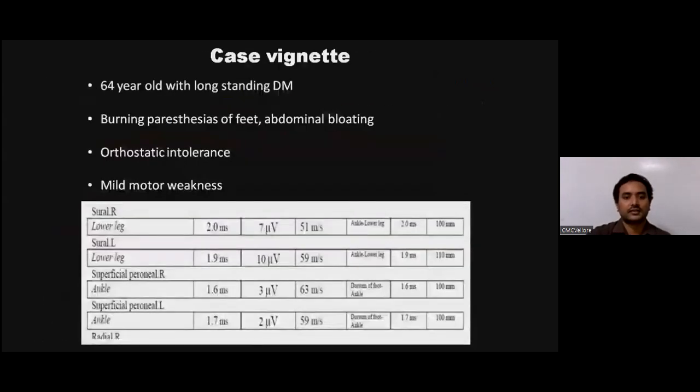Then this is another one, a 64-year-old with long-standing diabetes mellitus. These conductions are fairly okay, and there was burning paresthesias of the feet and bloating. These are autonomic with orthostatic intolerance, and very mild motor weakness.